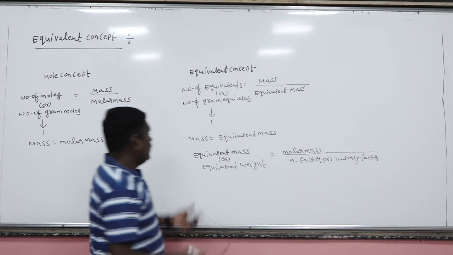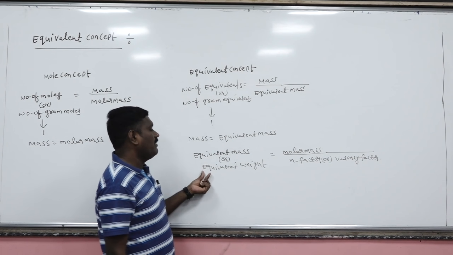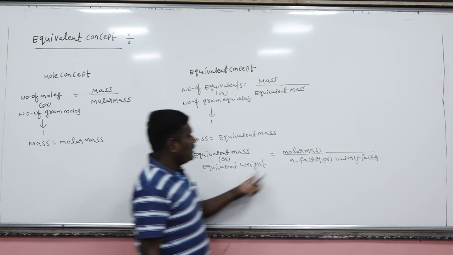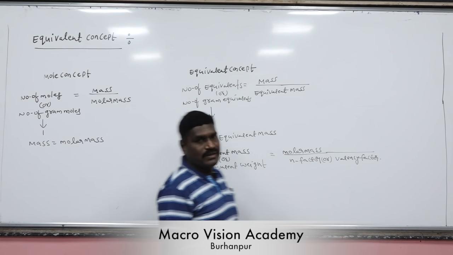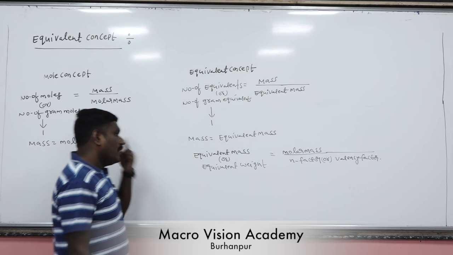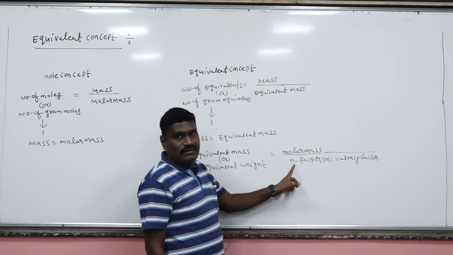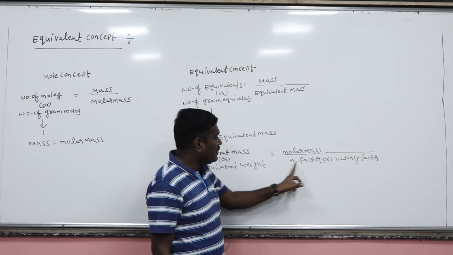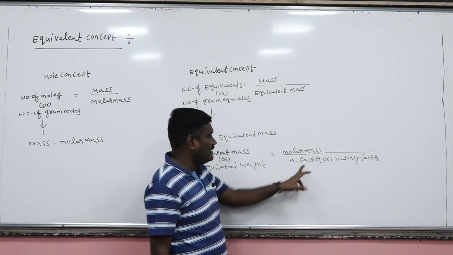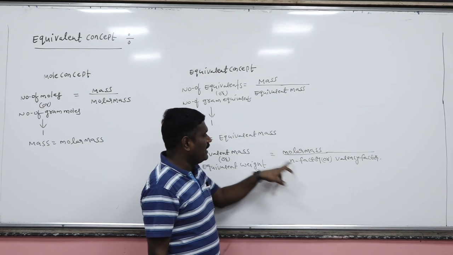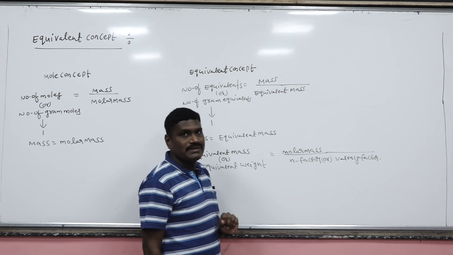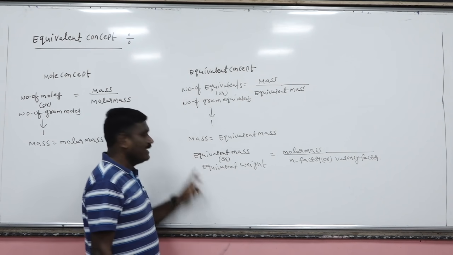Now, how to calculate the equivalent mass of any substance? The molar mass of a substance divided by N factor or valency factor. Now, it is very important to calculate the N factor. Once we know the calculation of N factor of any compound, dividing its molar mass by the N factor, we will get the equivalent mass.